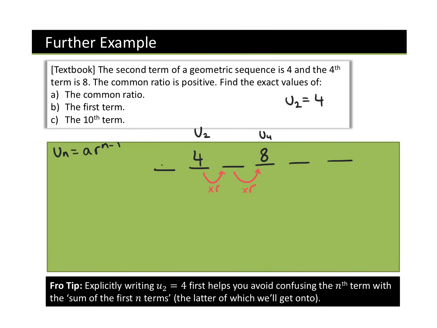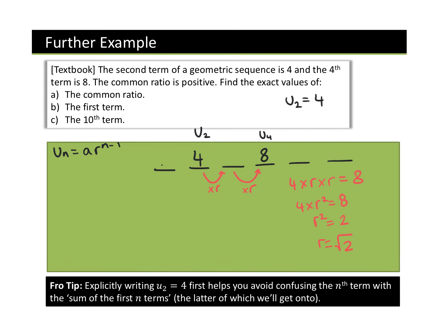So that means 4 multiplied by r equals 8. This is the same as saying 4 times r squared equals 8. So r squared equals 8 over 4, which we know is 2. So r equals root 2.